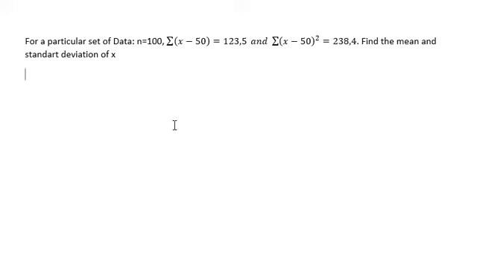So we need to know that we have the summation in here, and we know that the summation we can separate into the summation of s minus the summation of 50.